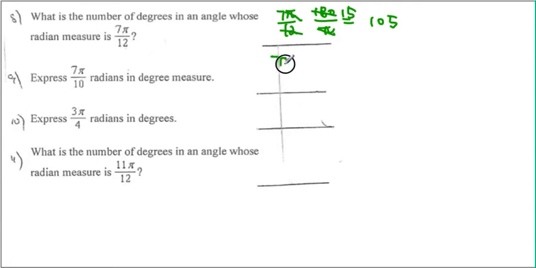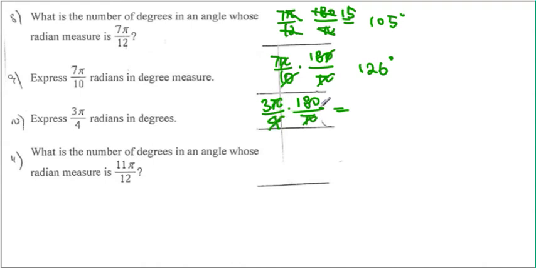Here 7 pi over 10, multiply that by 180 over pi. So pi cancels out, 10 cancels out with 180, leaving 18. 7 times 18 becomes 126 degrees. How about 3 pi over 4? Same way as before, multiply that by 180 over pi.